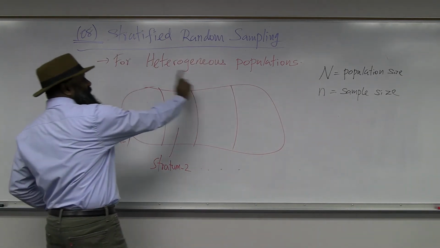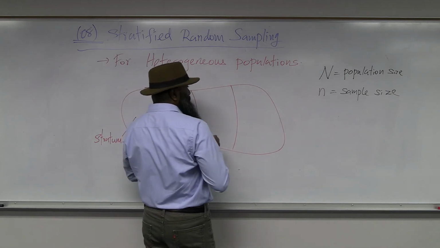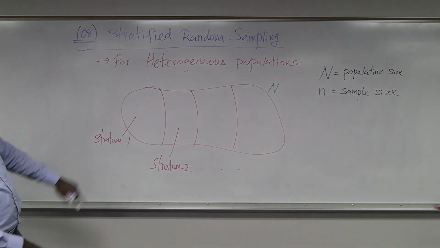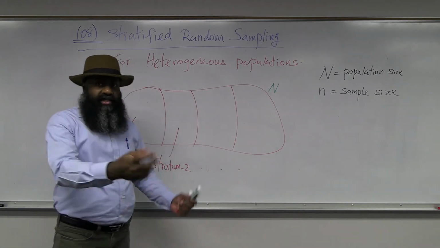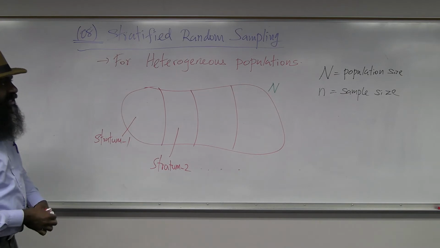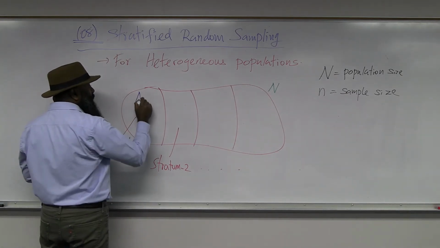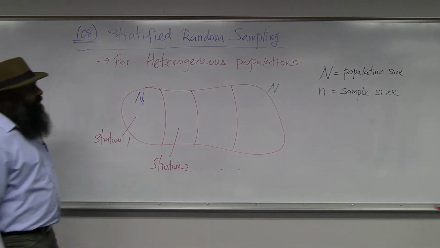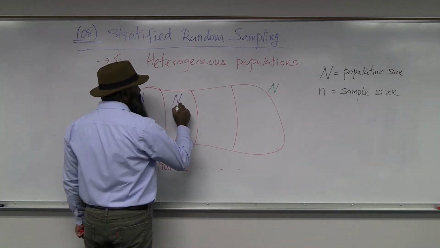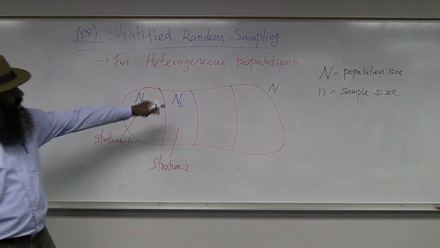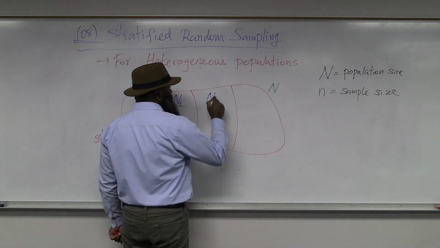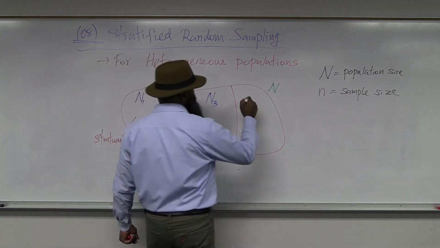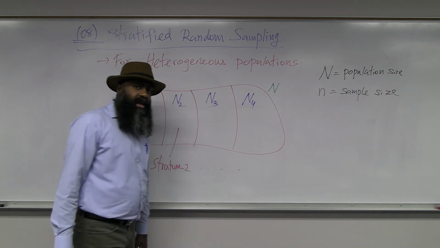Now, the entire population has uppercase N number of subjects. And I have several strata. Let's say in first stratum, I have N1 number of subjects, N sub 1. In the second stratum, I will assume that I have N sub 2 number of subjects. In the third stratum, I will assume that I have N sub 3 number of subjects. And here I have just 4, so I will assume that it has N sub 4.